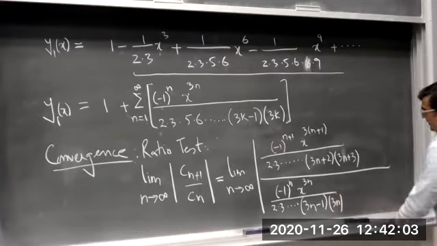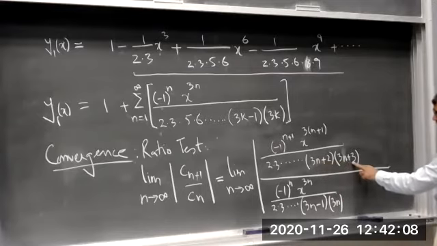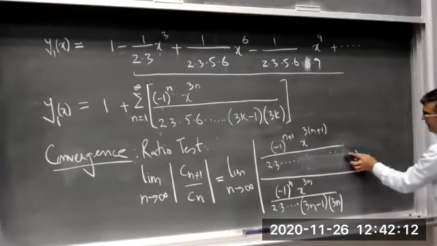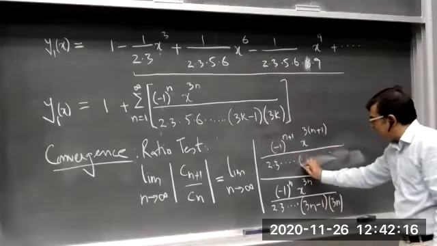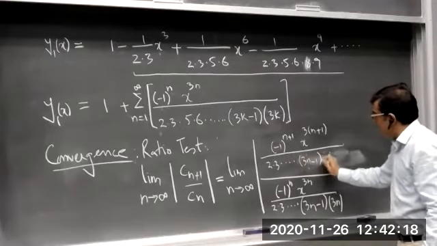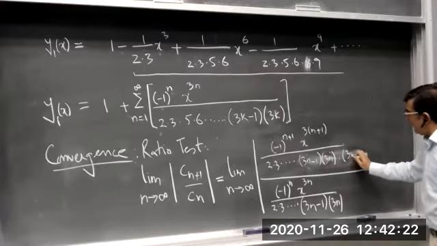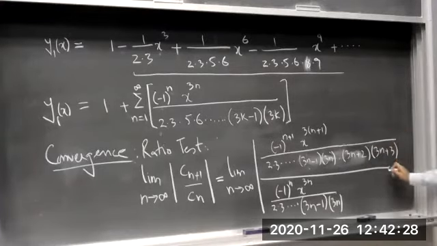Now if you have 3n plus 2 and 3n plus 3, what will the previous term be? It must be 3n minus 1 into 3n into 3n plus 2 into 3n plus 3. So this will be your ratio c_{n+1} divided by c_n.